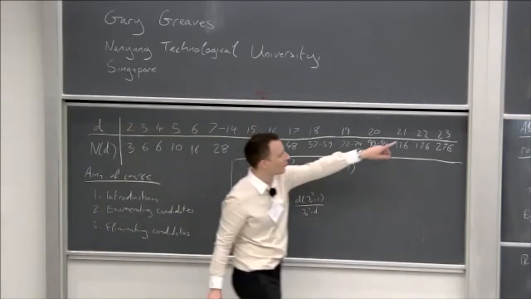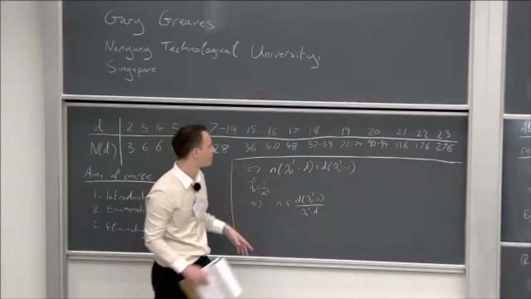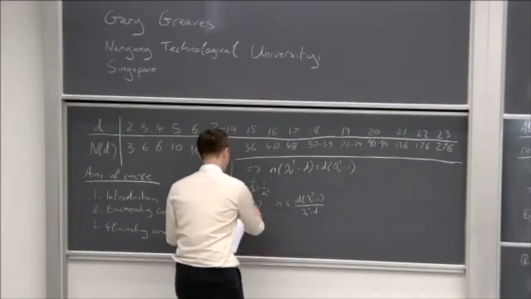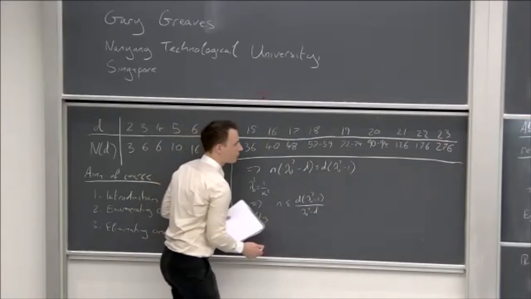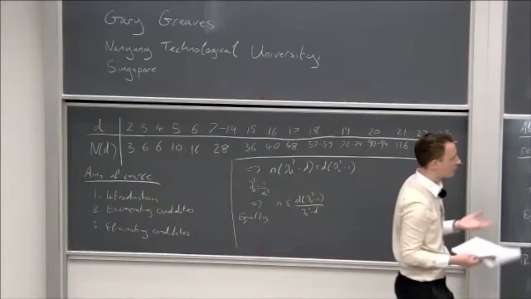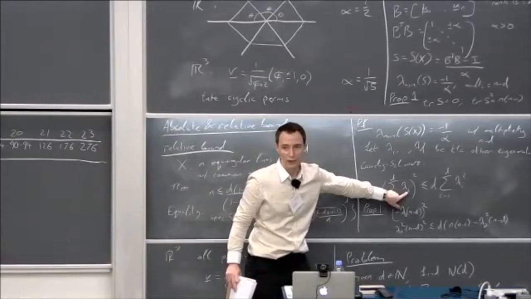If you want to get the alphas, you just use this substitution here. And then the case of equality in this bound: since this bound is just Cauchy-Schwarz, the case of equality corresponds to equality in Cauchy-Schwarz, which means all of these lambda i's must be equal.